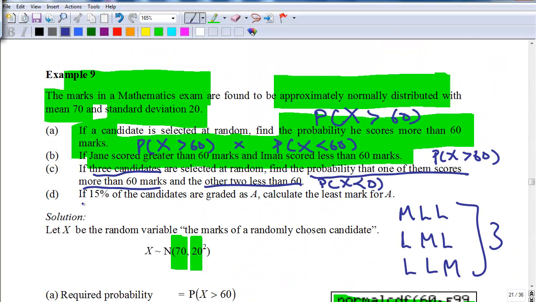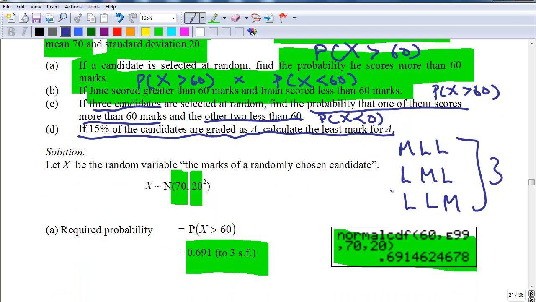Now, D says this: if 15% of the candidates are graded as A, calculate the least mark for A. Now, to do this part, we need to make one very simple assumption. We will assume that A is the best grade possible. 15% will be the top 15%.